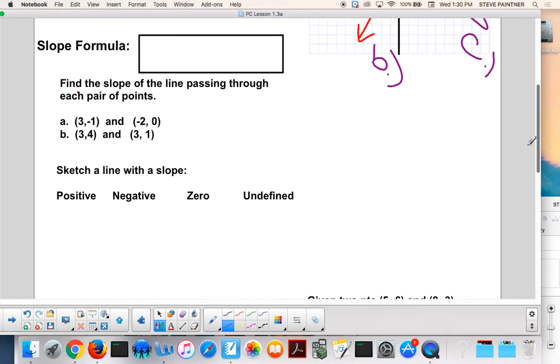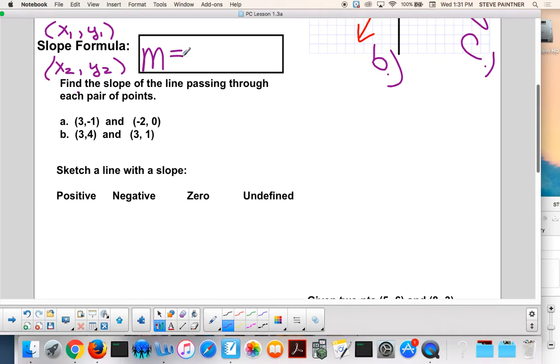Look at this one. All of a sudden they start talking about the slope formula. If you read this last night, you know what I'm doing. I'm just repeating what you read. Now, the slope formula is used when they give you a point, x1, y1, and another point, x2, y2. Slope between 2 points is really just a formula. What is it, John?